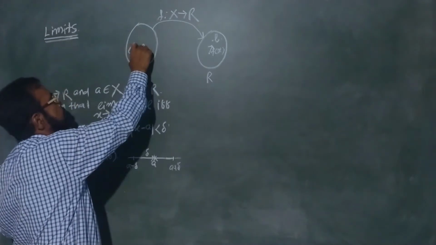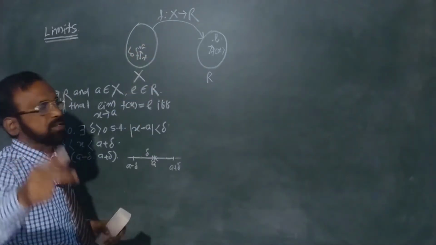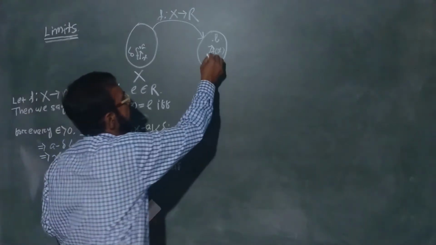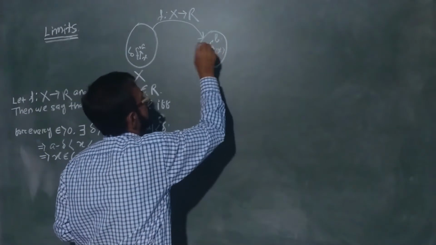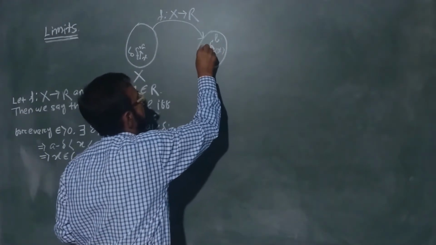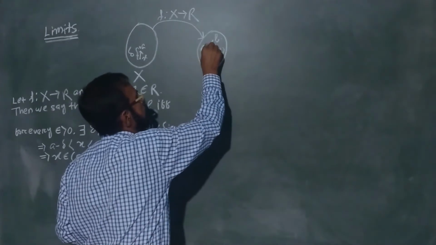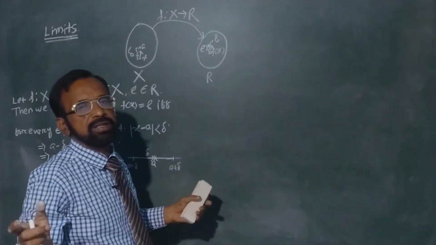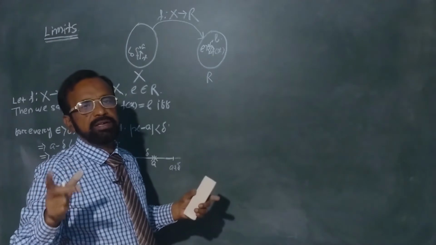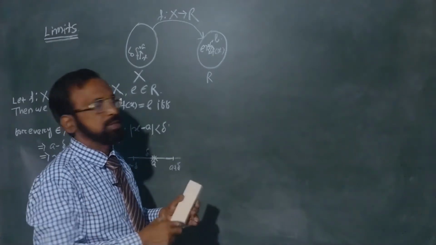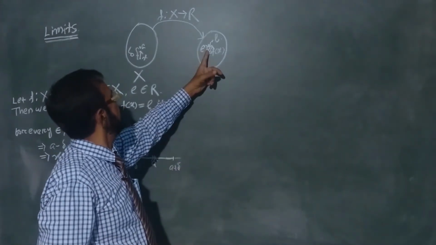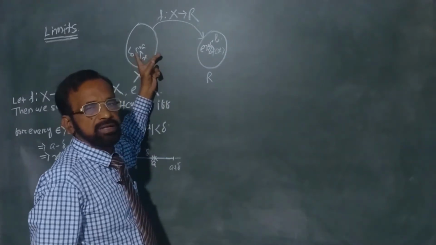The delta is always greater than 0 because this is a distance. Similarly, f(x) and L, this is also a distance. Suppose this distance is epsilon. This is also greater than 0 because the distance between any two points is always greater than 0. That's why epsilon is greater than 0 and delta is also greater than 0.